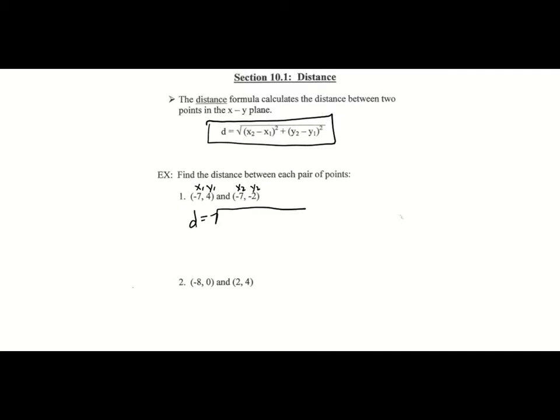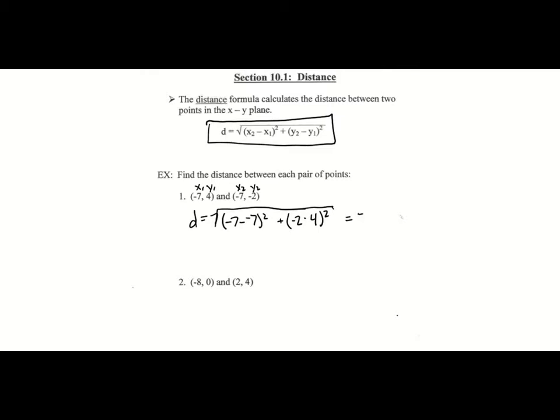So then here I get my distance equals the square root of (-7 minus -7) squared plus (-2 minus 4) squared. Now, if you're going to type all this into your calculator at one time, make sure you're using parentheses and that the squared is going on the inside of our square root.